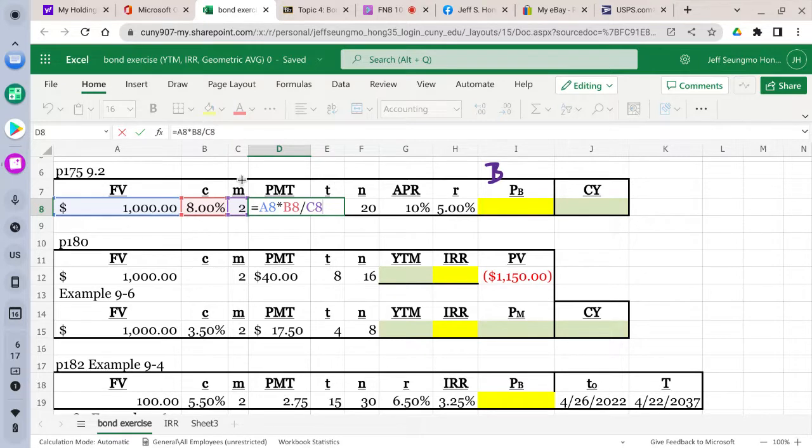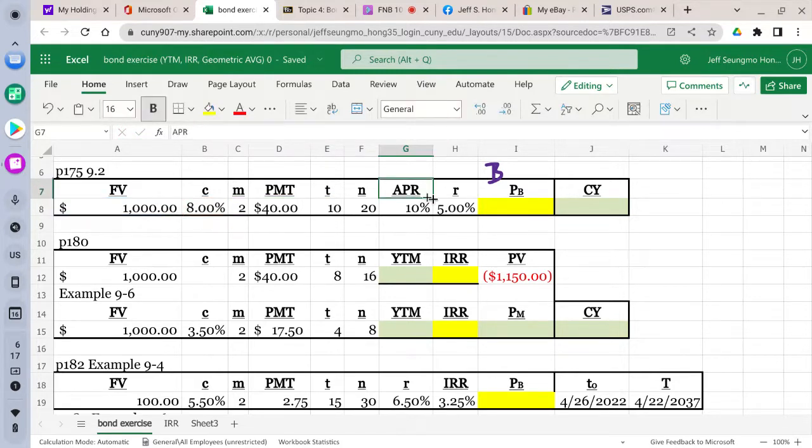And the discount rate now, or yield to maturity, will change later. The discount rate is 10%, so semi-annually 5%.